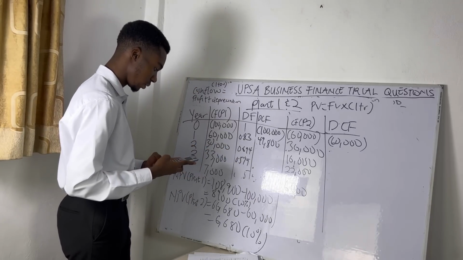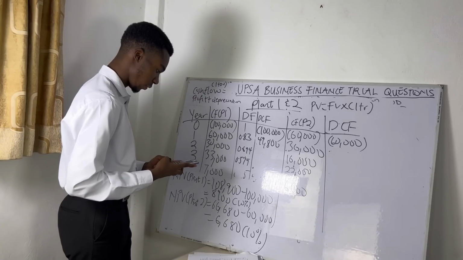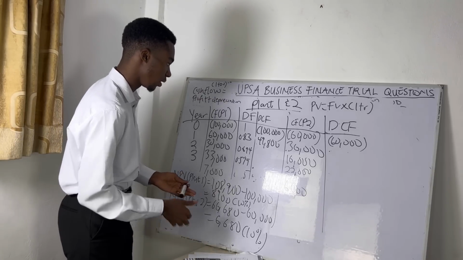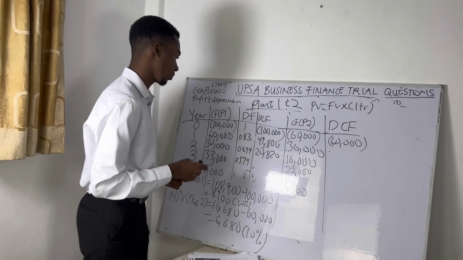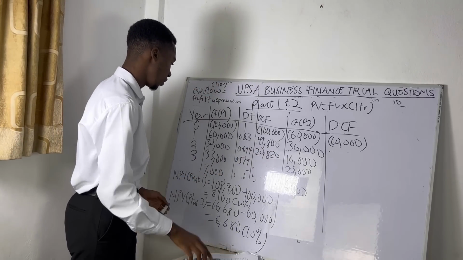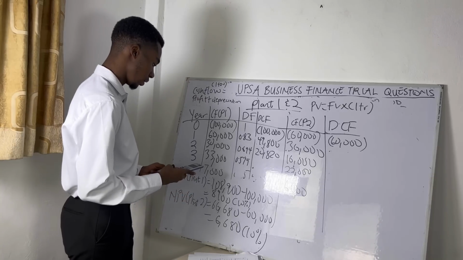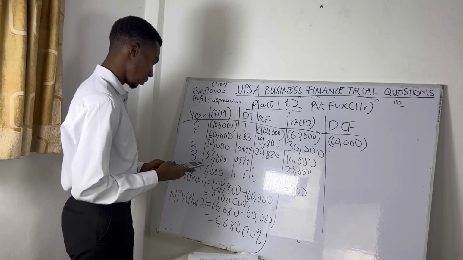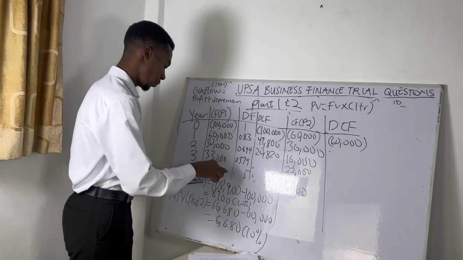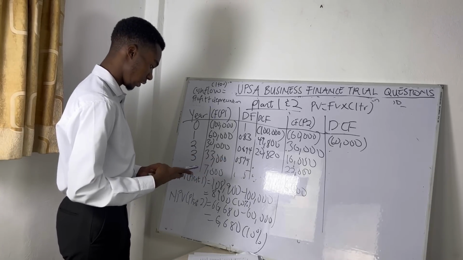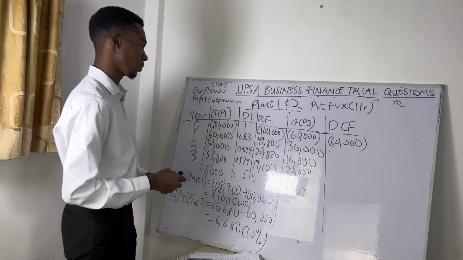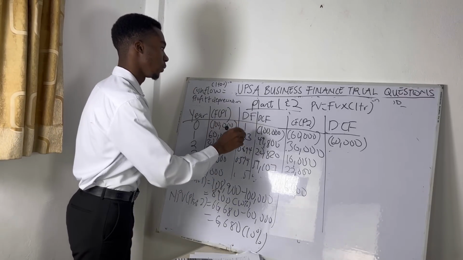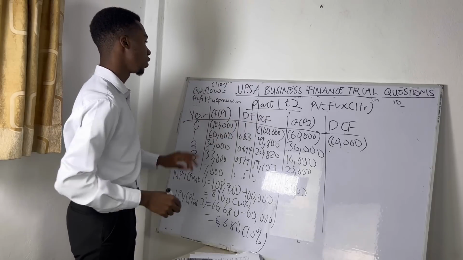We're getting 20,820. Then for year 3, you are getting 33,000 times 0.579. You are getting 19,107. So now we are done with the discounted cash flow for plant 1 using 20%.